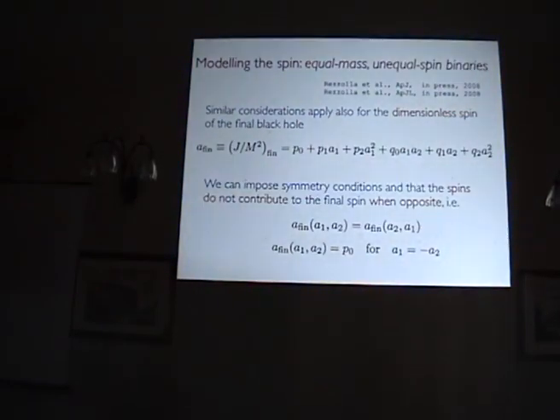So this is, if you want, a piece of interesting evidence which doesn't derive from first principles, but all simulations tell you that if you have non-spinning black holes, you produce a spinning black hole of a given spin. And then if you do the same with spinning black holes which have equal spin but are anti-parallel, you get exactly the same black hole. It is as if equal and opposite spinning black holes behave as non-spinning black holes.